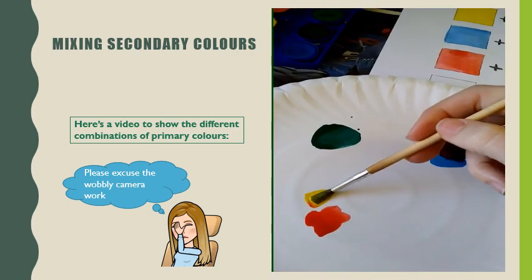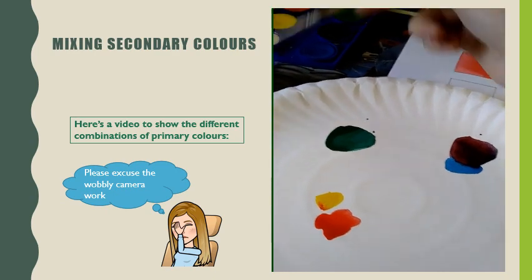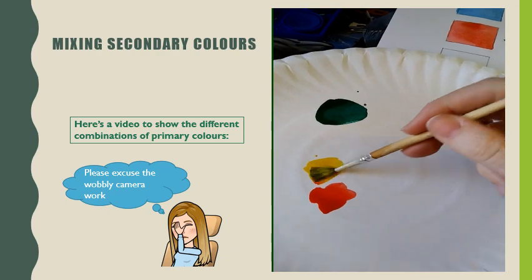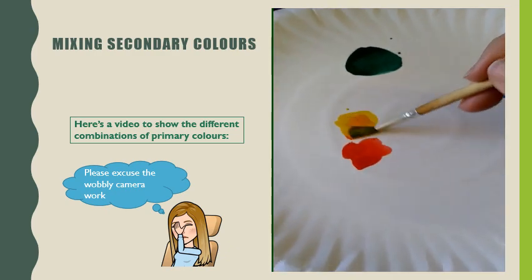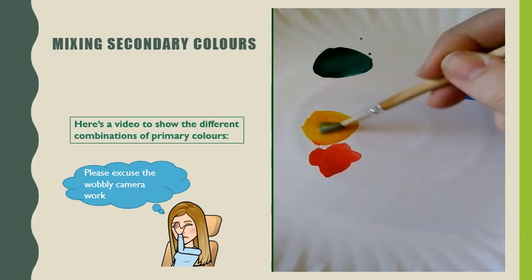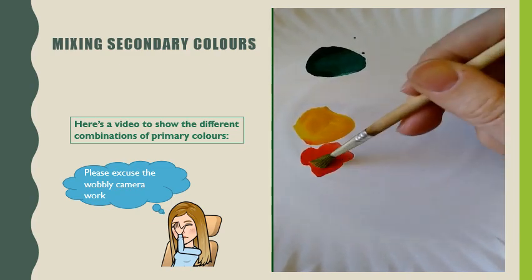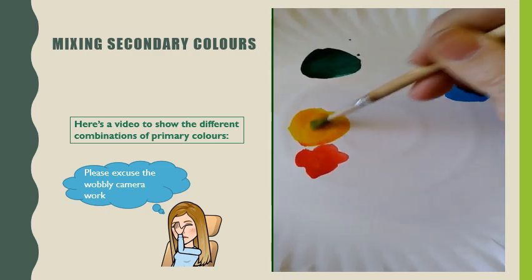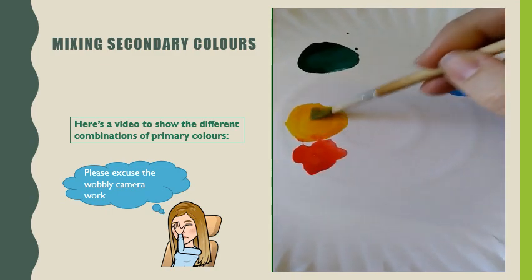Lots of yellow in there. Okay, and then we're going to combine the two. You can really see the yellow turns very, very quickly into a new color. It takes the new pigment very quickly. This is quite a light orange that we're making over here.